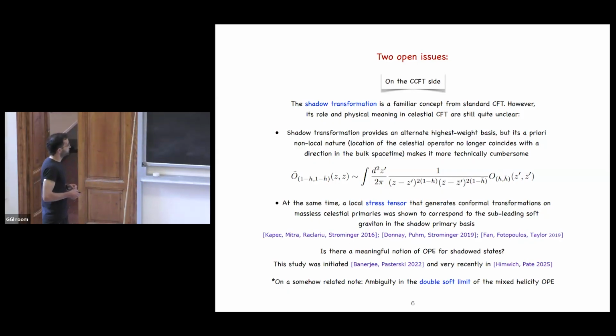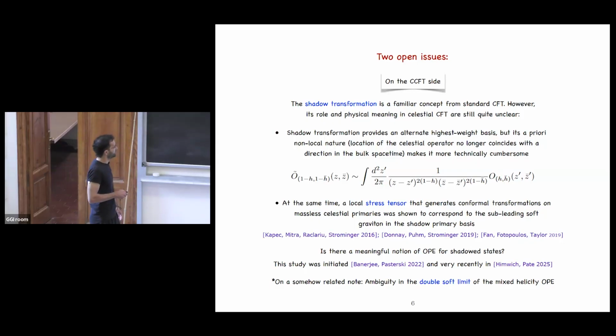Some of this question has been addressed partially in the literature so far. There is this paper here, which I only recently became aware of, so I don't really understand much of what they do. But more recently, there is this paper by Monica and Mina, whom I met in New York in April, and we started talking about shadow transforms, and they were telling me that they were actually trying to understand how to construct OPEs for shadow states.